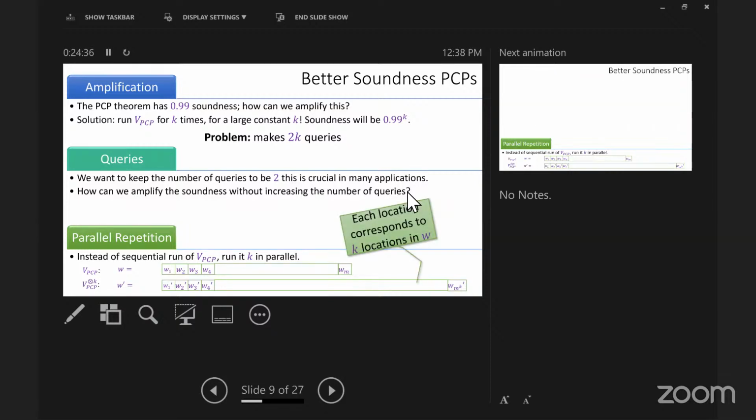But each location in that proof relates to k locations in the original proof. So I squeeze k symbols from the original proof into one. These k symbols correspond to what V_PCP would read when you do it k times. And that's how you do parallel repetition, in a slightly weird way, but it's really what you do.